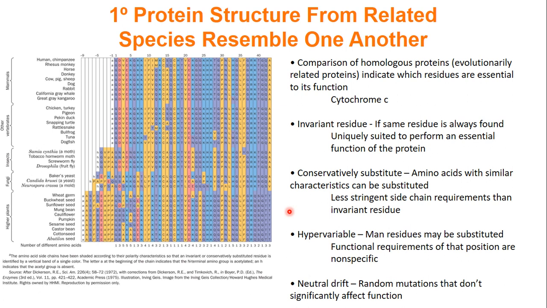Now, from there, another class is called a conservative substitution. That is, we see substitutions by looking at different organisms, but they are the same class of amino acid, or have the same properties. For example, here we see there's 2 amino acids, but it's either E or D. It's all your negatively charged amino acids.